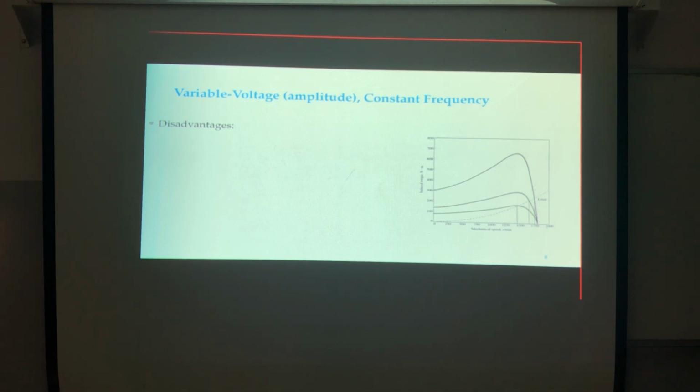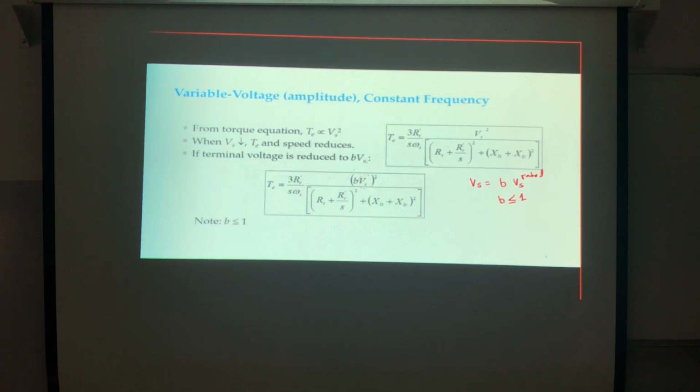Now, if I'm plotting the curve, as last time, from this relation, Te is proportional to Vs squared. Also, Tm is proportional to Vs squared, and T start is also proportional to Vs squared.